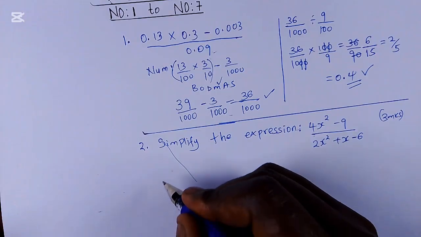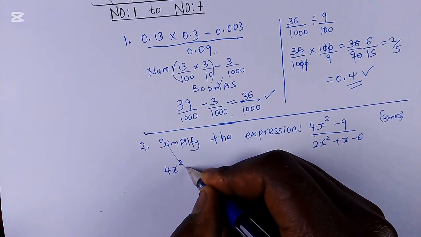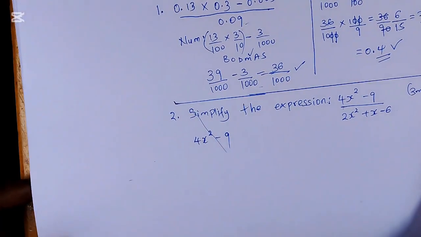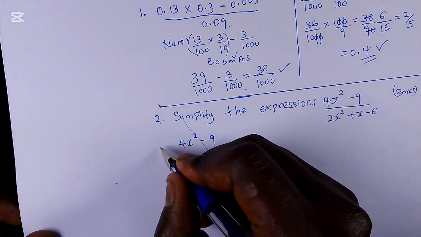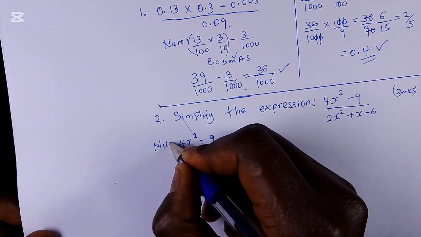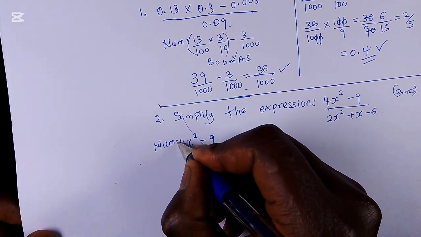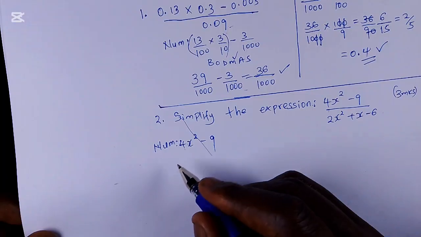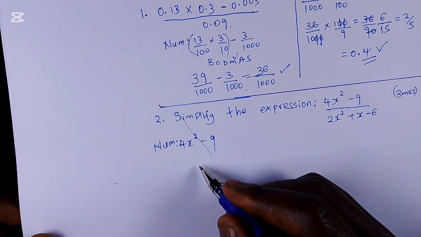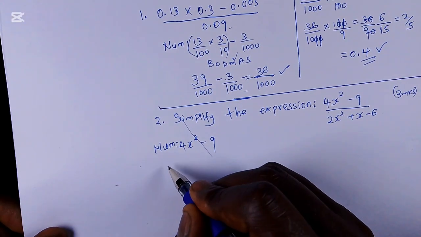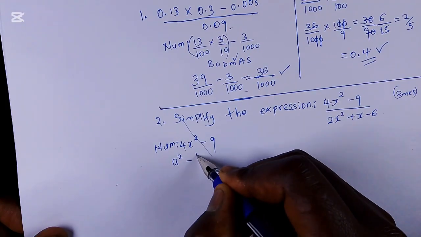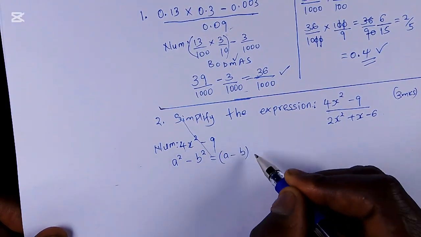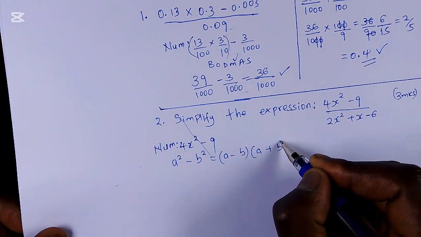So we can decide to start with the numerator, 4x squared minus 9. Here we are going to use what we call the difference of two squares, which states that a squared minus b squared is equal to a minus b, a plus b.